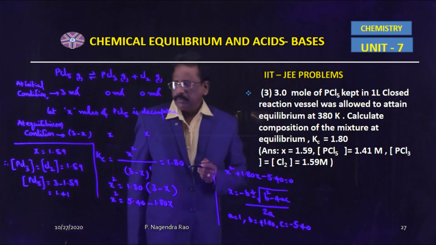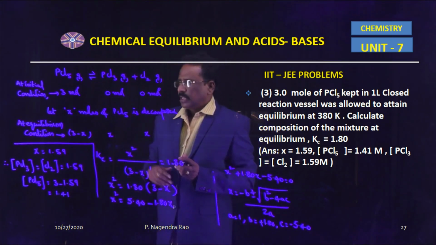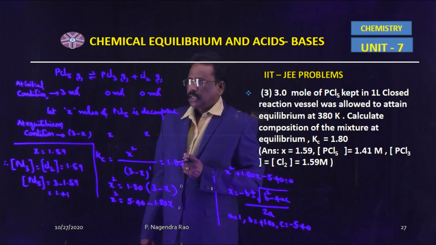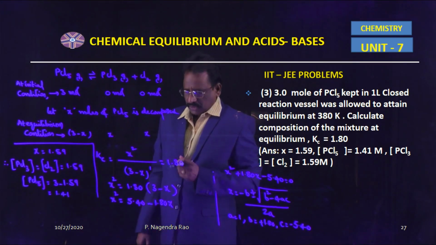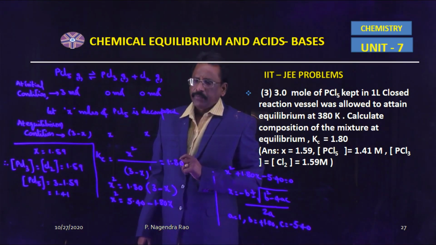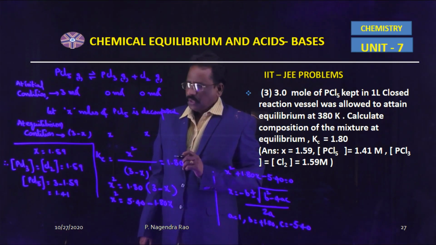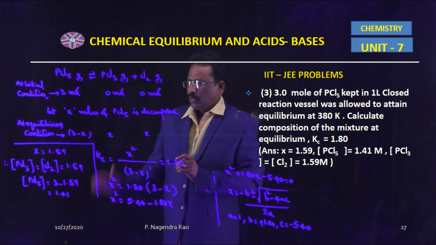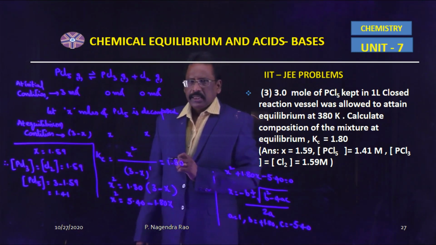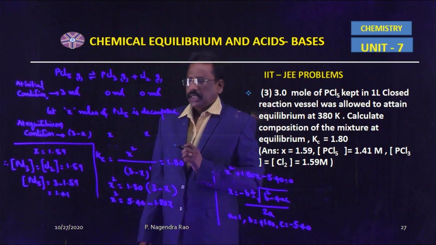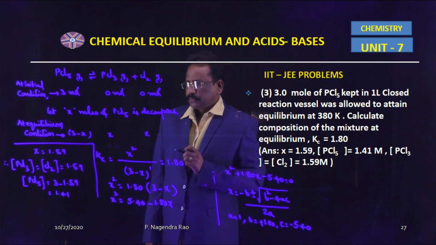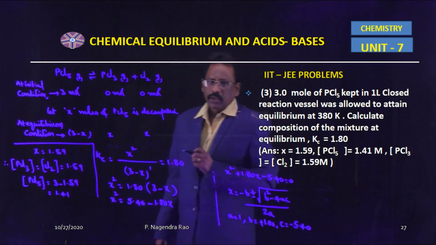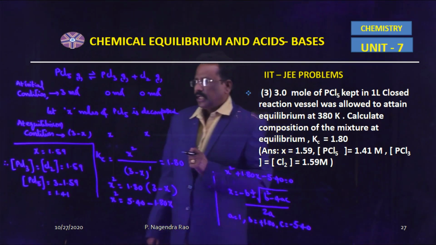So at equilibrium conditions, the active mass of PCl5 is equal to 3 minus x. Its number of moles is 1, that's why to the power 1. So after solving this equation, one of the values of x is expressed with a negative sign. So omit that one and take only the positive value, which is equal to 1.59.